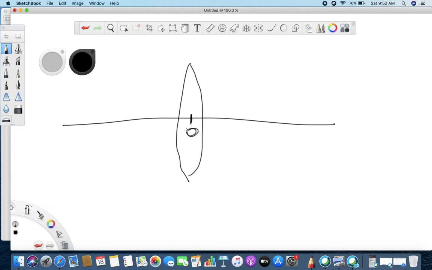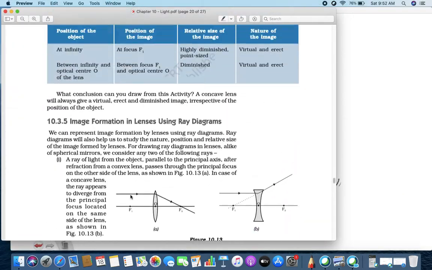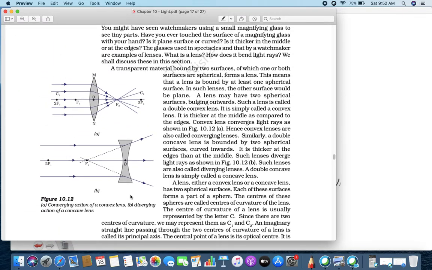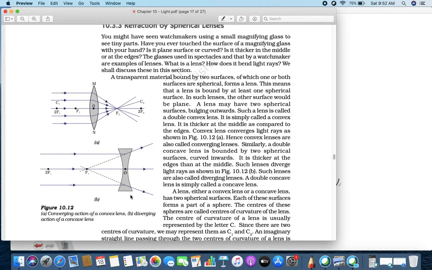Instead of pole, they call it optical center O. The same definitions: f1, 2f1, f2, 2f2, and optical center O. The rules are still the same.